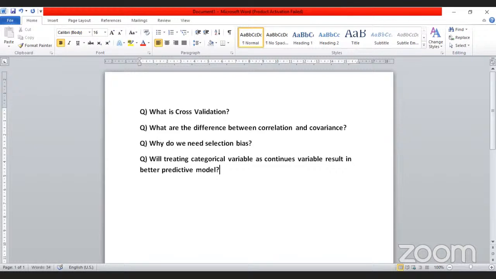Okay, understood the question? Will treating a categorical variable as a continuous variable result in a better predictive model? Try to answer this question, yes or no. If yes, what is the reason? If no, then also give me the reason.